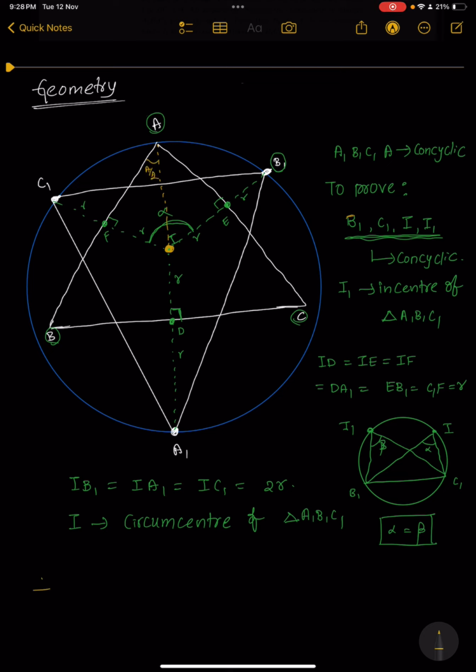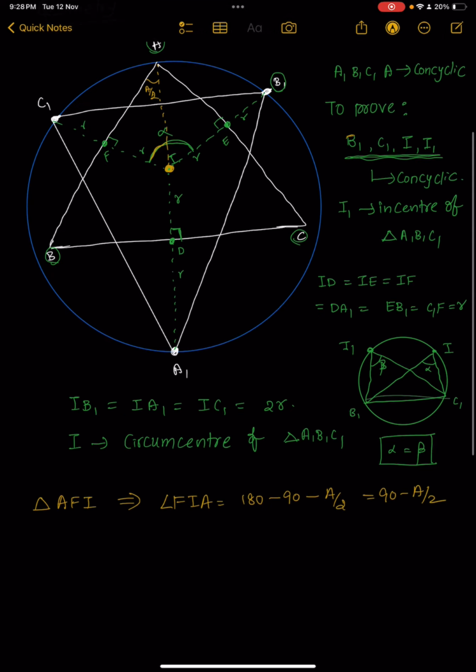In triangle AFI, one angle is A by 2 and the other angle is 90 degrees. So angle FIA is equal to 180 minus 90 minus A by 2, that is 90 minus A by 2.